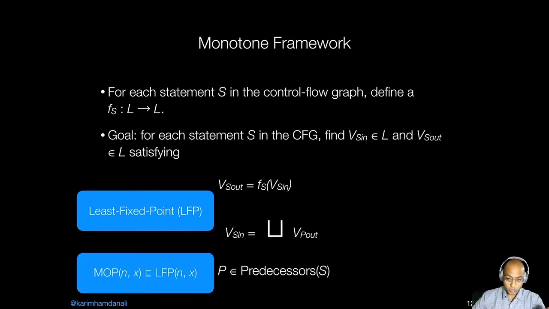According to Tarski's theorem and the monotone framework, this solution is going to be guaranteed to have at least the same precision as the join over all paths solution, the MOP solution, meaning it is going to be a safe over approximation, right? So it is going to guarantee that it will be a safe over approximation of the meet over all paths.